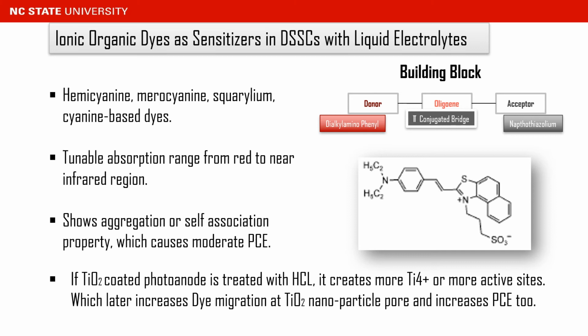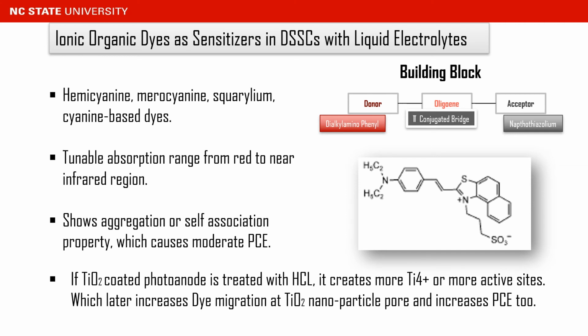The next class of dye is ionic organic dye as sensitizer with liquid electrolytes. These kinds of dyes are based on hemicyanine, merocyanine, squarylium, and cyanine dyes. They have a tunable absorption range from red to the near infrared region, and they show aggregation or self-association, which causes moderate power conversion efficiency.